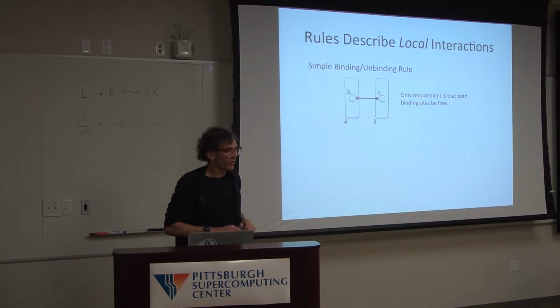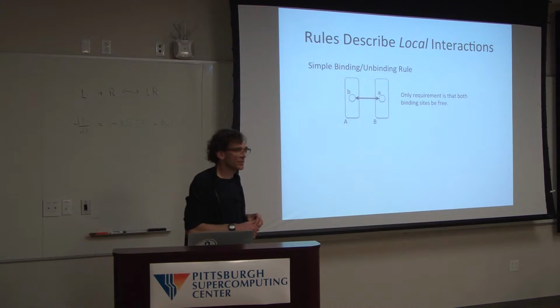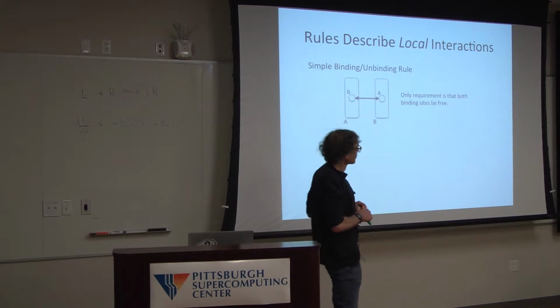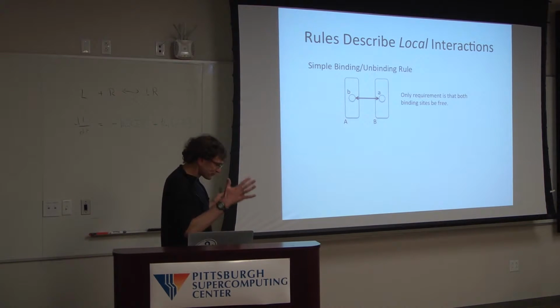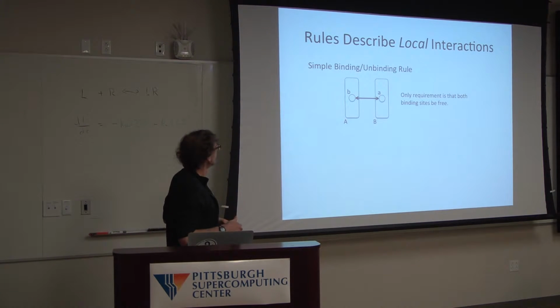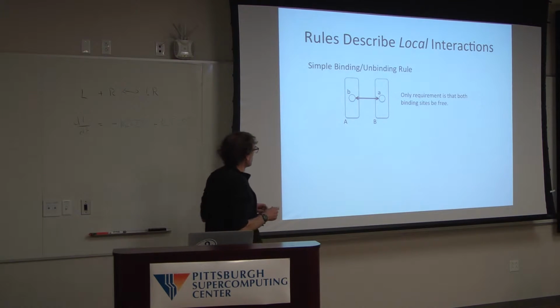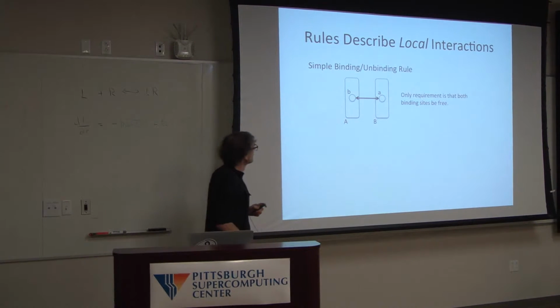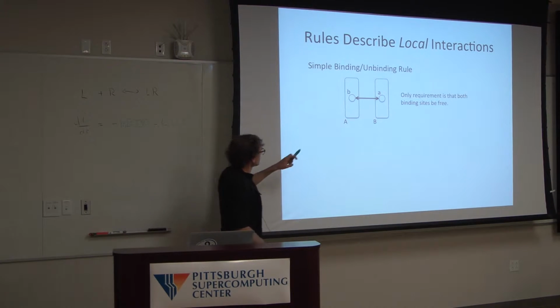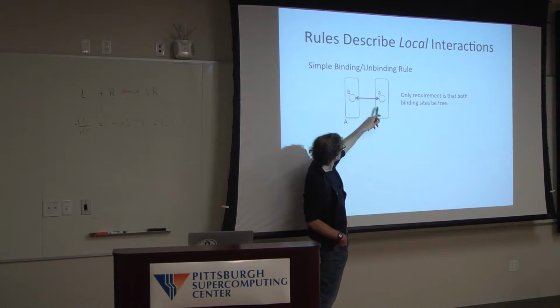Okay, so how does this work? How do we actually go about describing the rules for a biochemical system? So at the most basic level, you have a rule that describes binding between two proteins. And the only thing that a rule adds compared to a standard mass action kinetic description is a description of how the two proteins are interacting.